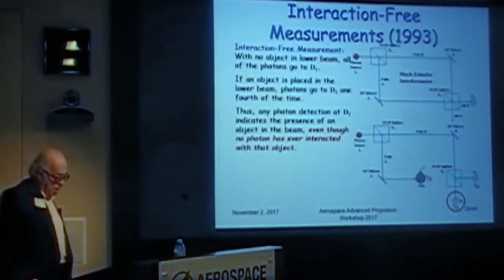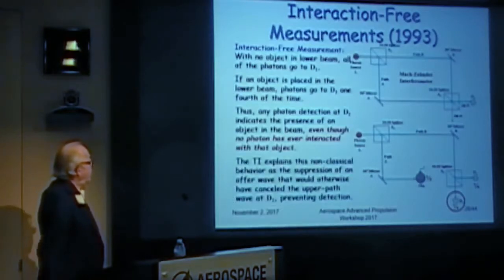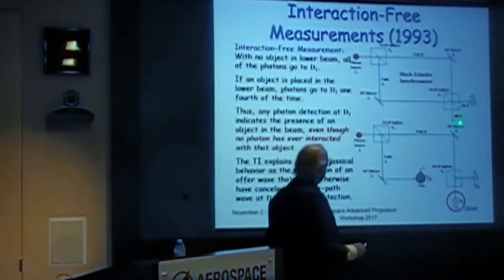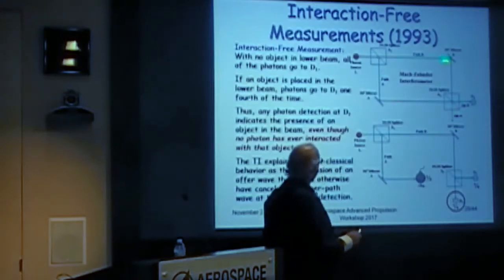The transactional interpretation easily explains this, because the reason there were no detections here is that the offer waves coming this way and this way were canceling and therefore preventing anything from happening. If there's an object here, the offer wave can only get this far.